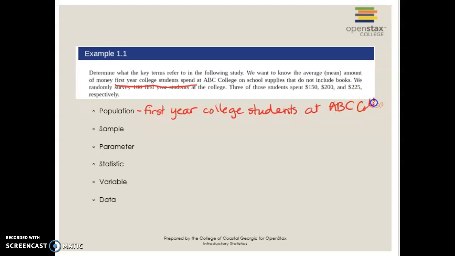There we go. Your sample is those 100 students, but how you get them is your sample. It could be all students enrolled in one section of beginning statistics course at ABC, although it may not represent the entire population because not everybody is going to be taking statistics.